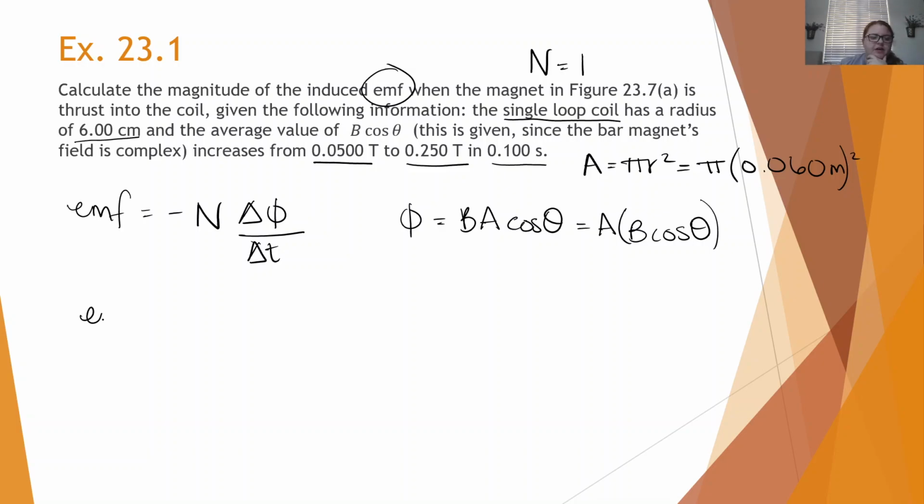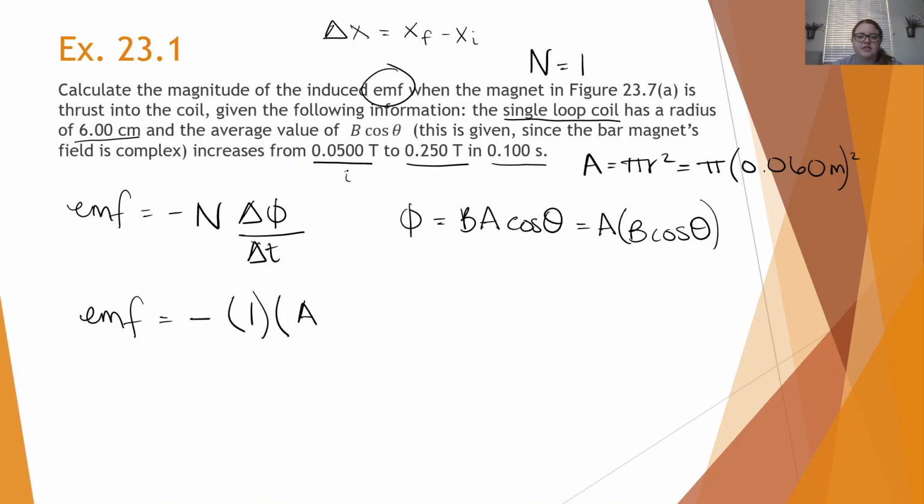Now we have all of the components we need. Negative 1, since it's a single loop, times the change in phi. The area stays the same, so we can just say A and then B cosine theta. Remember, when we have some change in something, let's say change in x, we say final minus initial.